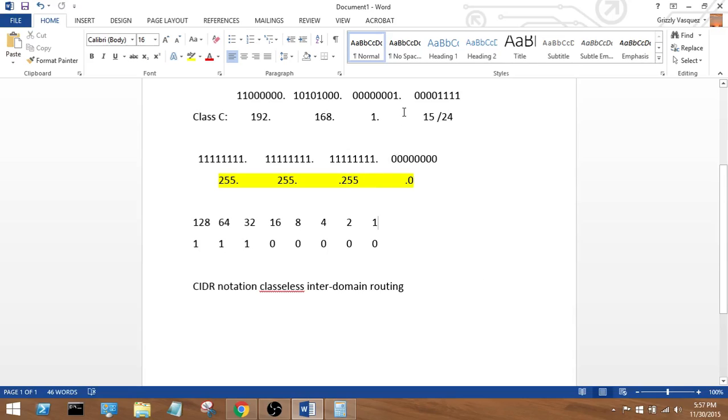And then my host, or this 15 right here, not the /24, because that's another way of saying this, which is something else that we learned. This 15 is my host, or it's my apartment number or my house number, basically, right? Or your device specifically. And this right here is your neighborhood or your network, right?